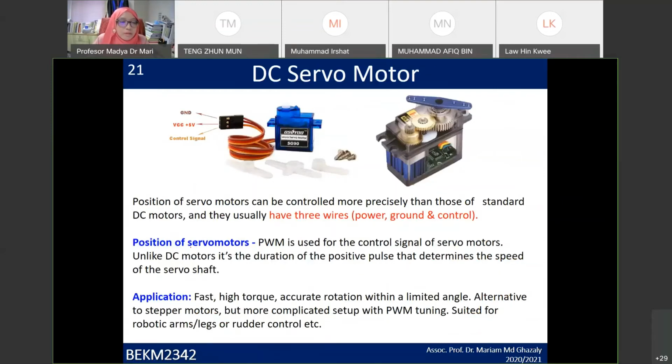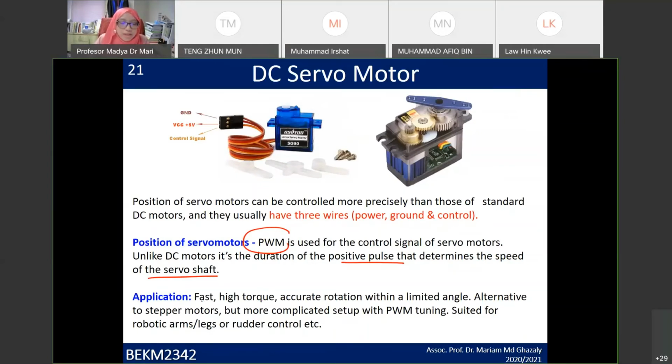For the position of the servo motors, it's using PWM. Just that unlike the DC motor, the duration of the positive pulse determines the position of the servo shaft. So it means that for the DC servo motor, you can actually control the positive pulses going to the servo motor.